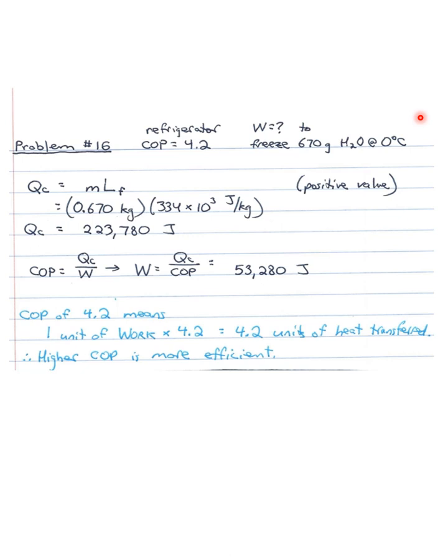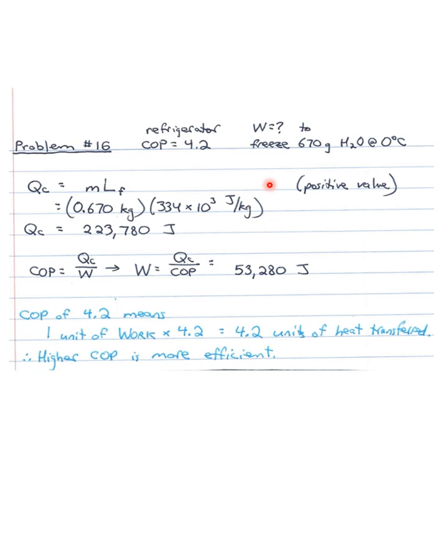Well, let's figure out how much heat needs to be extracted. In this case with the refrigerator, we need to extract that much heat from the water, and it's going to take that heat and dump it to the outside of the kitchen. So remember that when we're talking about freezing water, Q sub C is m times the latent heat of fusion.